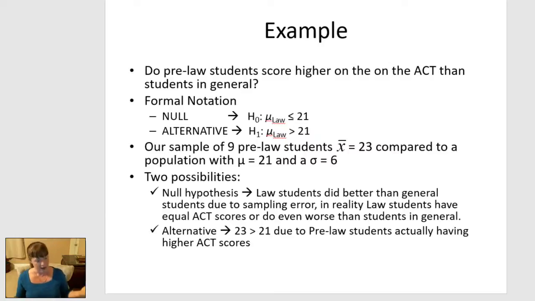So I create a theoretical, hypothetical distribution of an infinite number of sample averages where I assume the null is true, where these law students also have an average of 21. And so let me actually draw it for you, and then I'll show you the pretty picture.